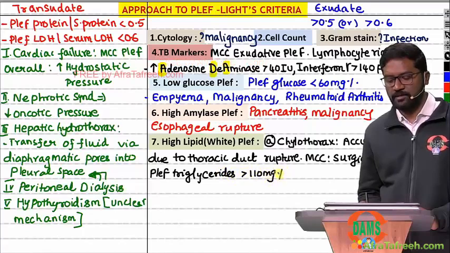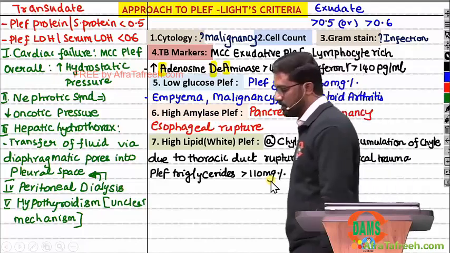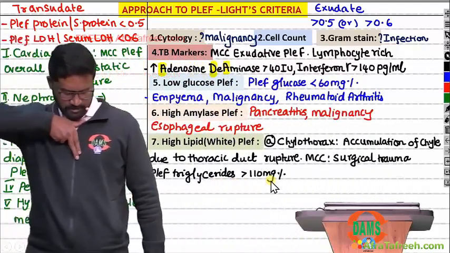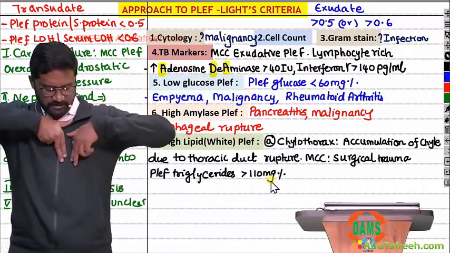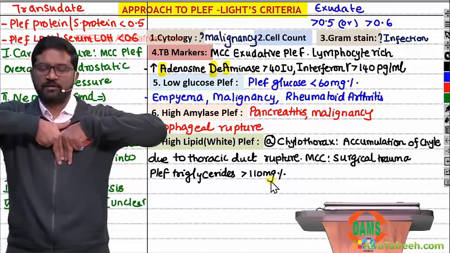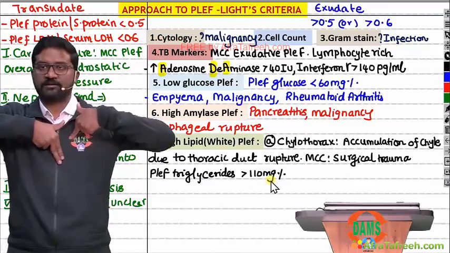So observe here, you must be knowing in your body there is a mediastinal structure called the thoracic duct. Adjacent to the thoracic duct there is mediastinal pleura. Whenever there is a chest surgery, accidentally during this surgery, the thoracic duct can be damaged.